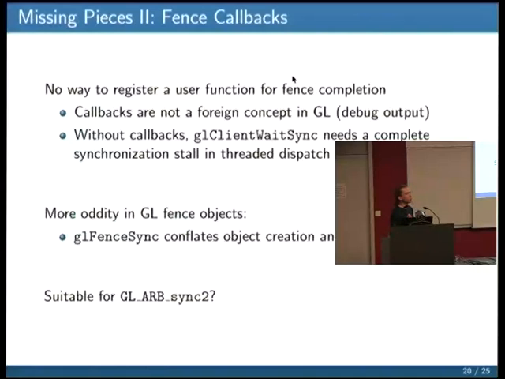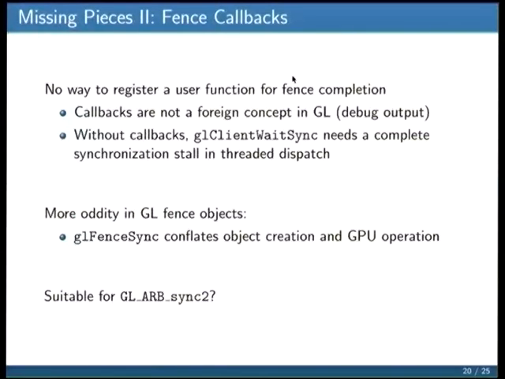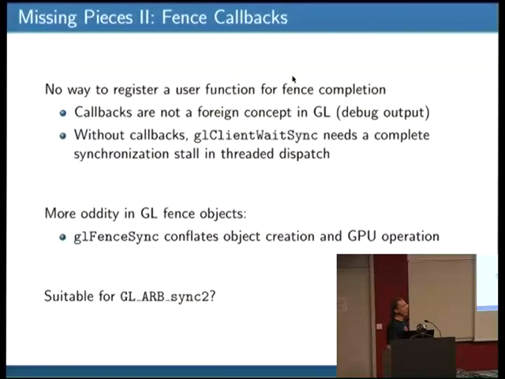So the next potentially missing piece is callbacks on fence objects. GL already has a concept of callbacks for debug output, and what I'd like to see is a callback for the point in time when the fence object created by GL fencing is fired.